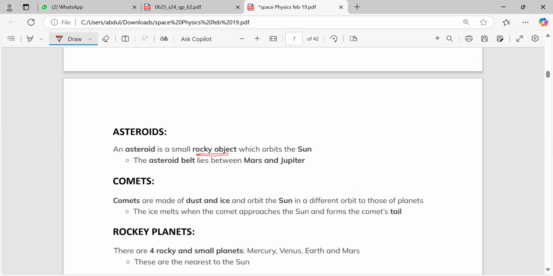The asteroid belt, see what a nice word is used, lies between Mars and Jupiter. So these rocky objects are not very close to Earth.